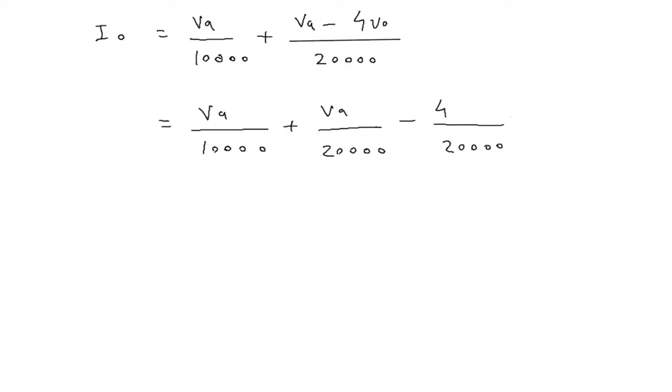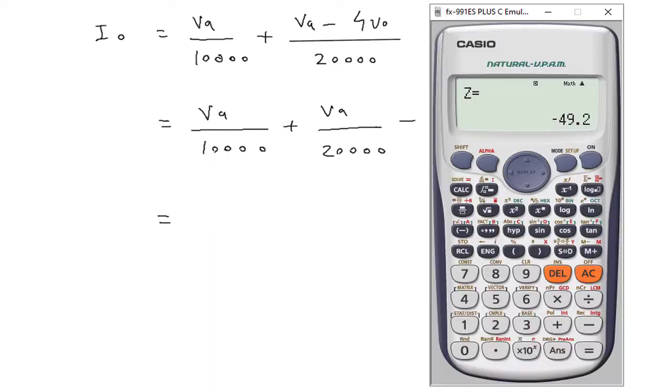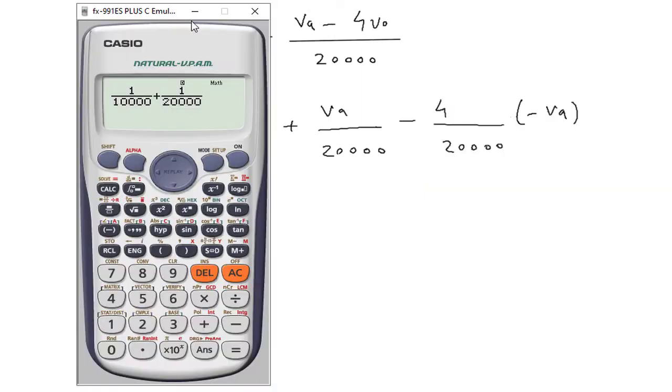So this will be minus VA. Now this will be 1 divided by 10,000, then plus 1 divided by 20,000, then this will be minus minus plus.